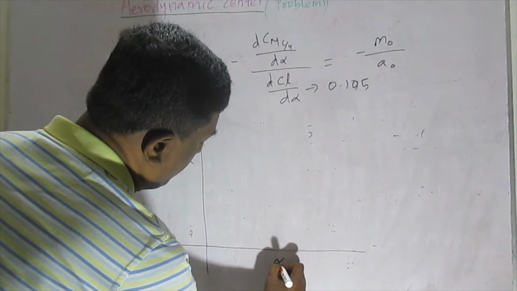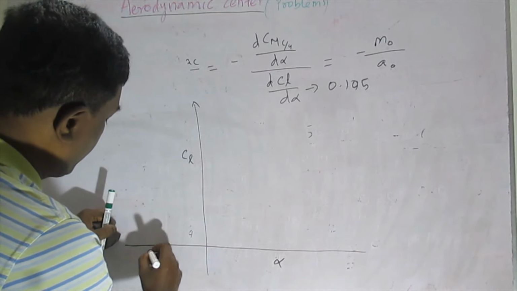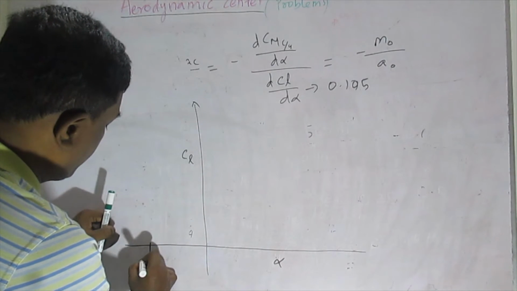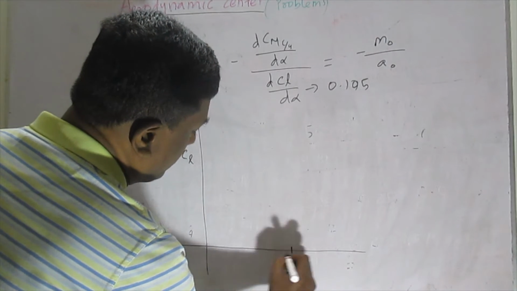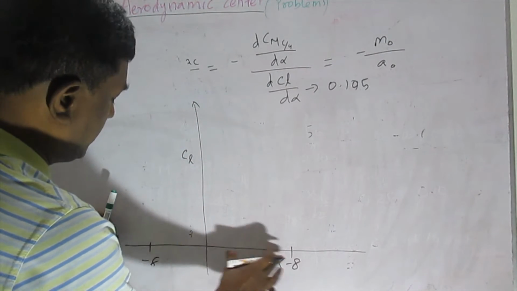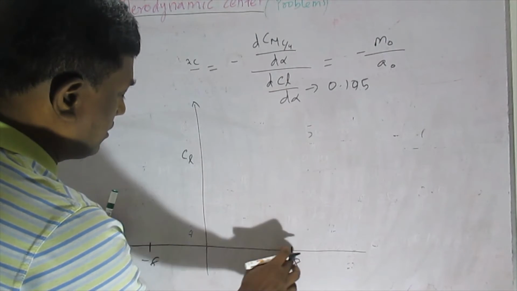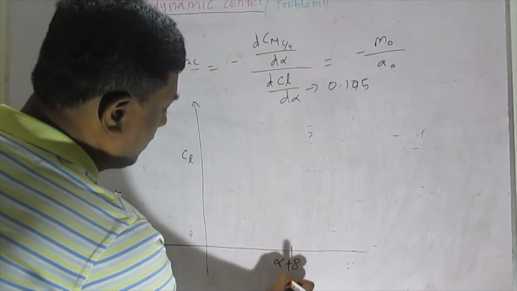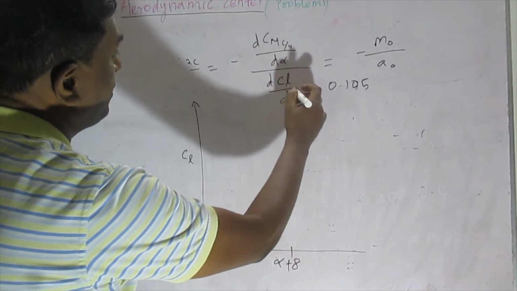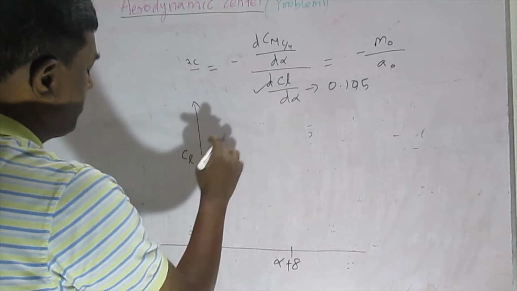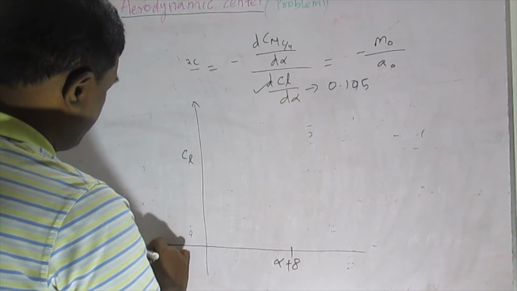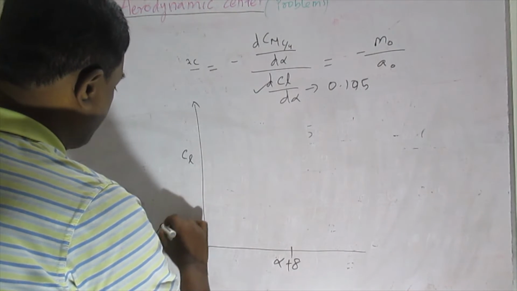This will be the alpha. We have taken minus 8 degree here and plus 8 degree here. So that is how we have taken the limit between minus 8 and plus 8, and taken the values for finding dCL by d alpha, using this graph.